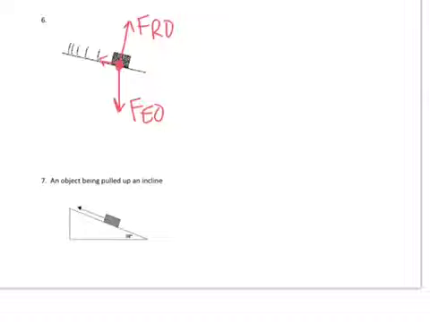But if it's speeding up, we want to make sure we have an unbalanced force diagram. So we're going to draw our components for Earth instead of drawing it for the ramp and for friction. So I'm going to take this vector up and flip it straight down, make it the exact same length.